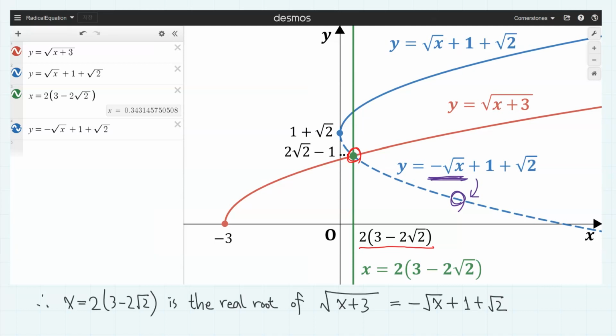This means that our extraneous root is the real root of the equation square root of x plus 3 equals minus (square root of x plus 1 plus square root of 2).